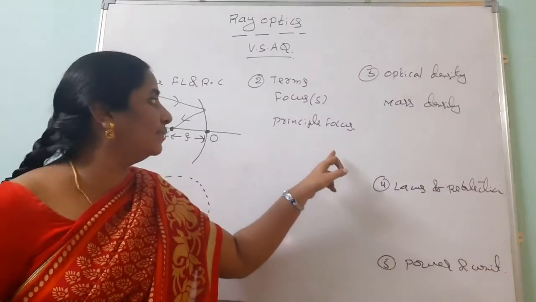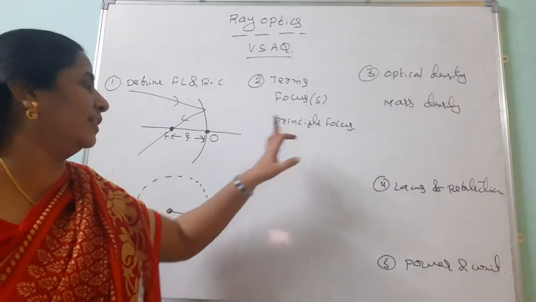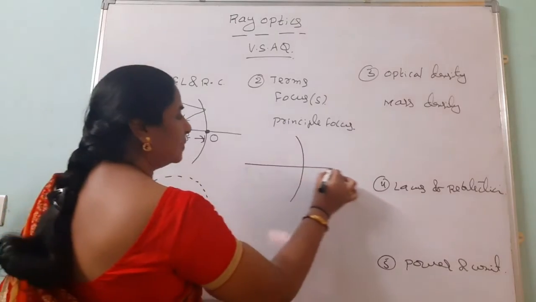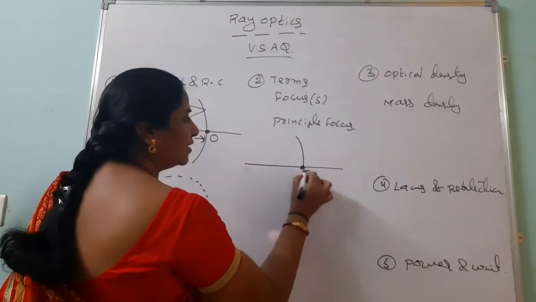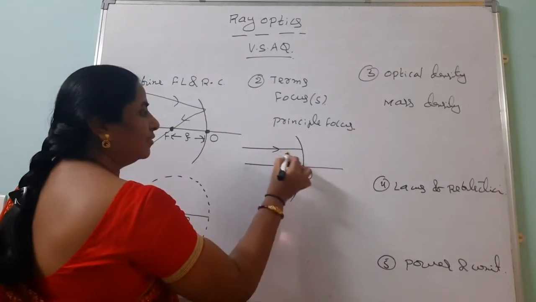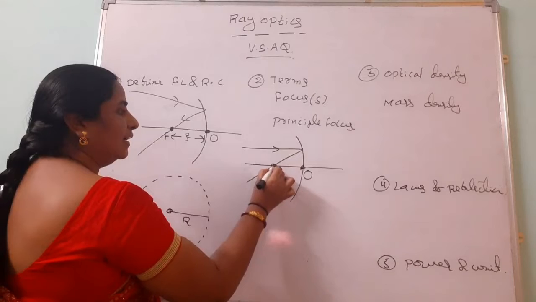What is the principal focus? Suppose this is the concave mirror, this is the principal axis and this is the optic center. If the rays are passing parallel to the principal axis, after reflection they are focused at a single point.